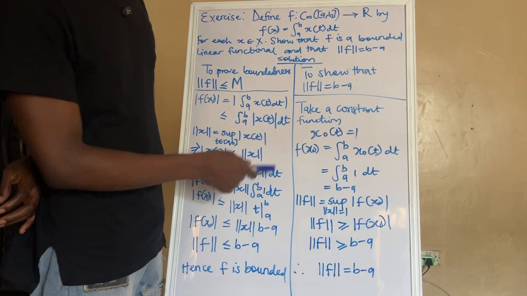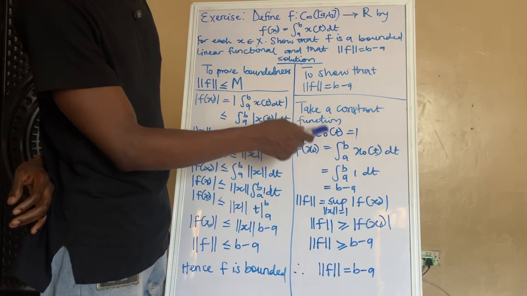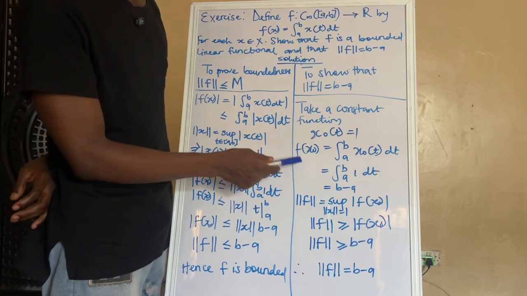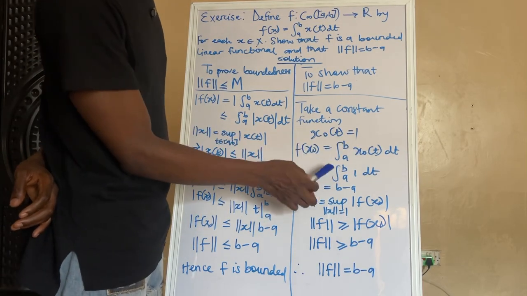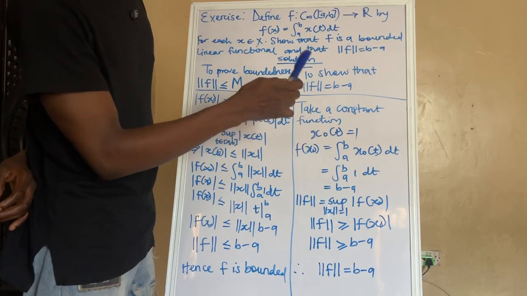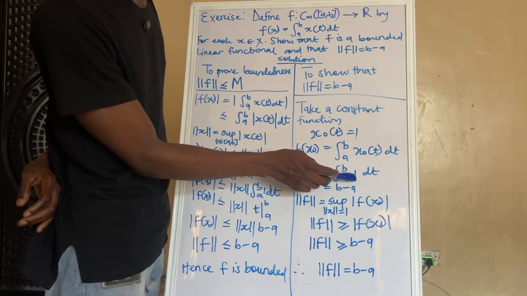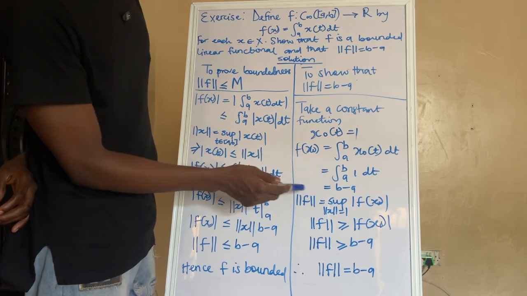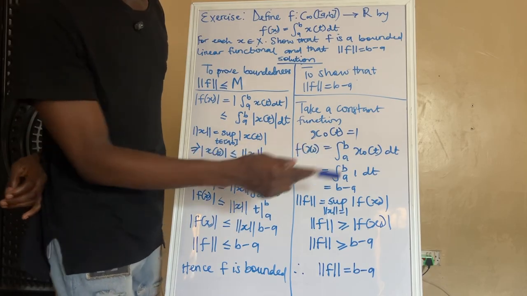I'm going to replace x with x naught wherever I see it, because f of x is equal to this, right? So f of x naught is going to be this. It's going to be this integration here. And since my x naught of t is equal to 1, I can now replace it with 1 here. So this makes me know that f of x naught is equal to b minus a by performing this integration.